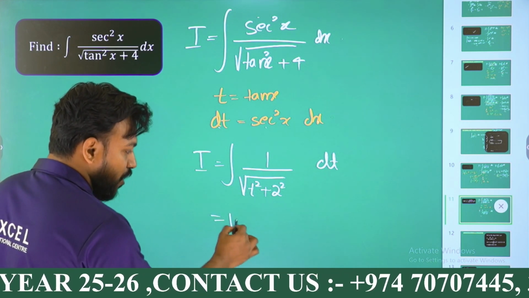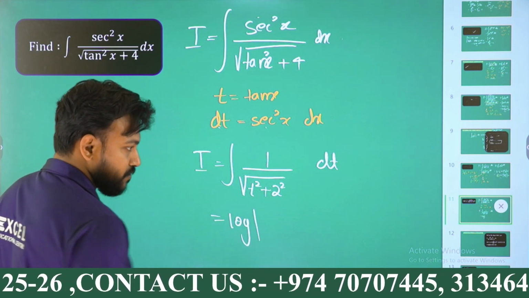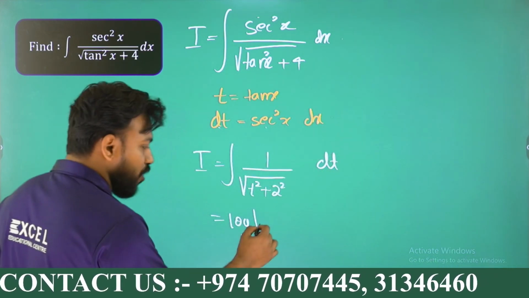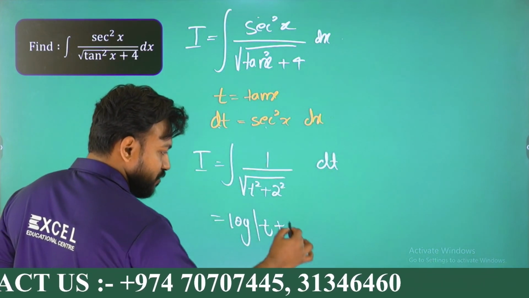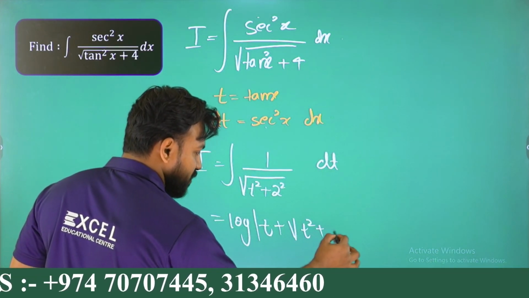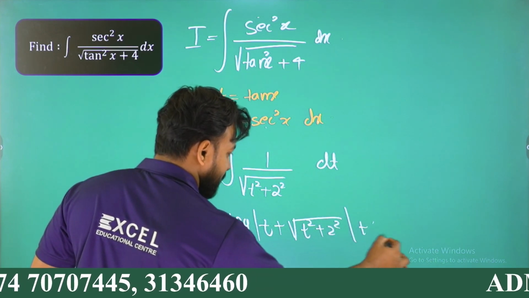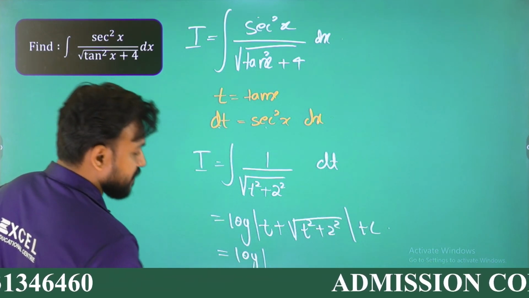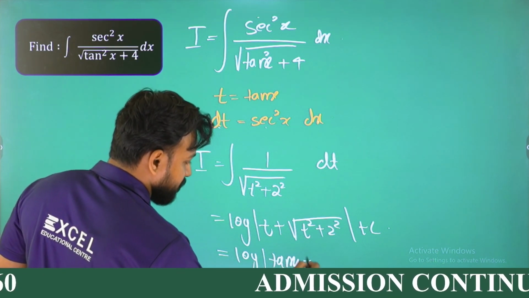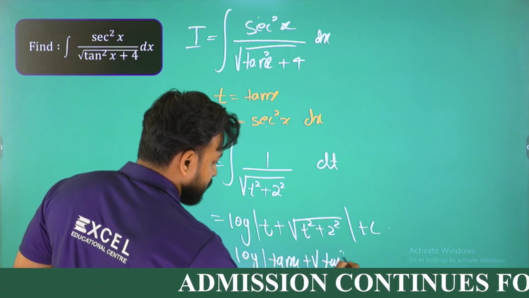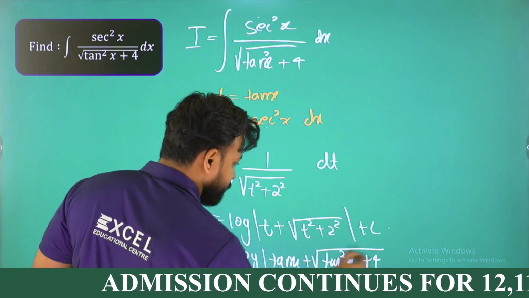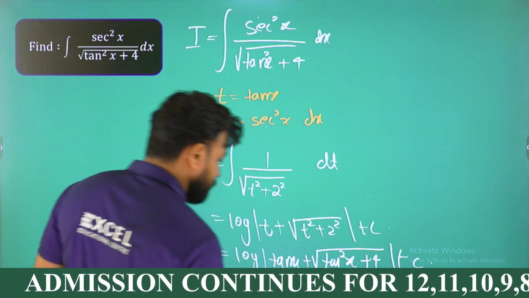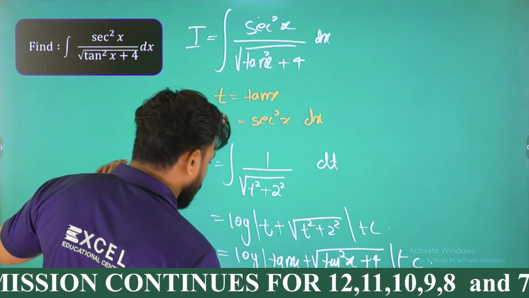It's log mod t plus root of t square plus 2 square plus c. So what is t? t is tan x. Log of tan x plus root of tan square x plus 4, that's your answer.